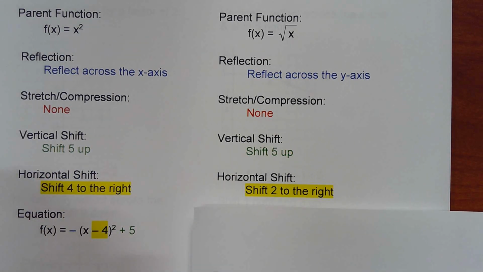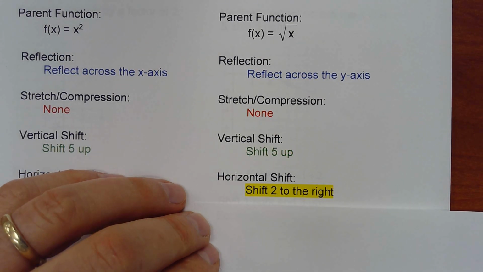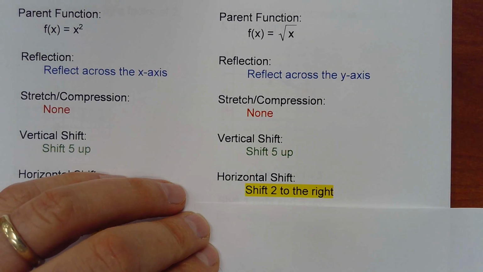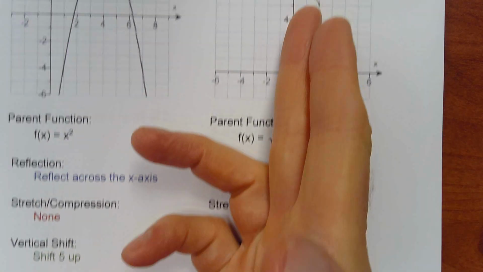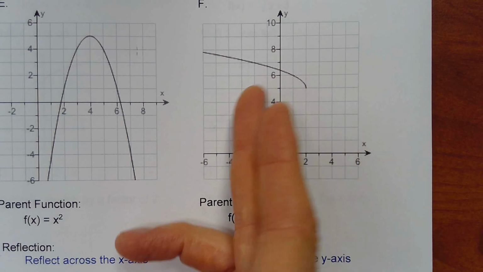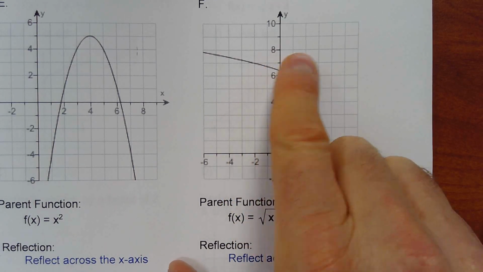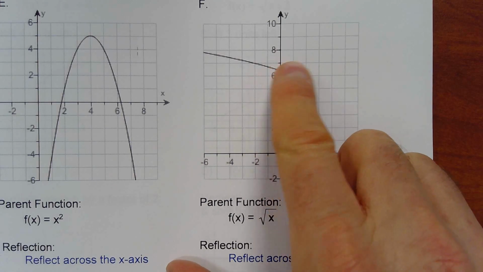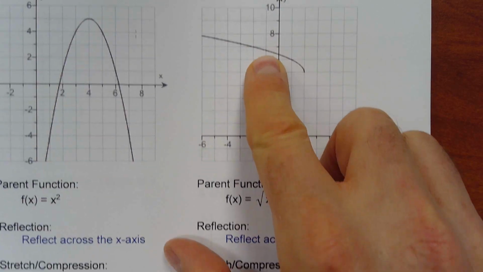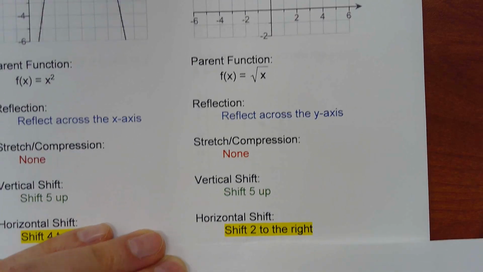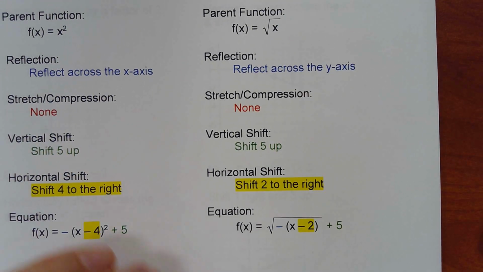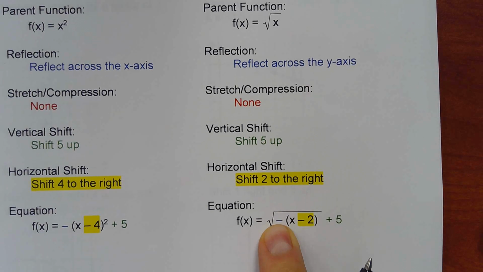Now it's going to be a little tricky how to write this function, because let's think about what it would look like before the reflection. So if I back reflect this, this would have been over here, and that would give me a plus 2. So the way we'll fix that, when we write that down, here's our horizontal reflection.